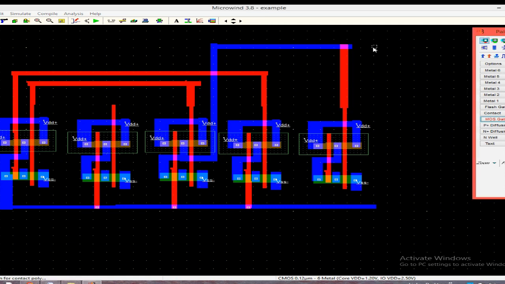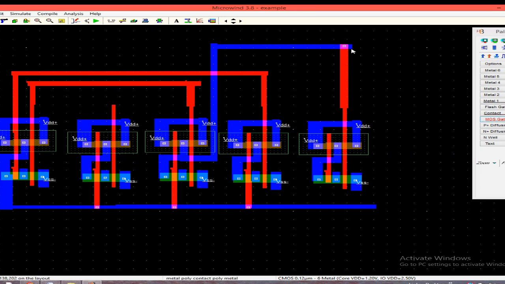So I have to take the contact likewise, and then what I have to do is just take the metal one, and then connect this metal one with the gate of this structure with a contact likewise.